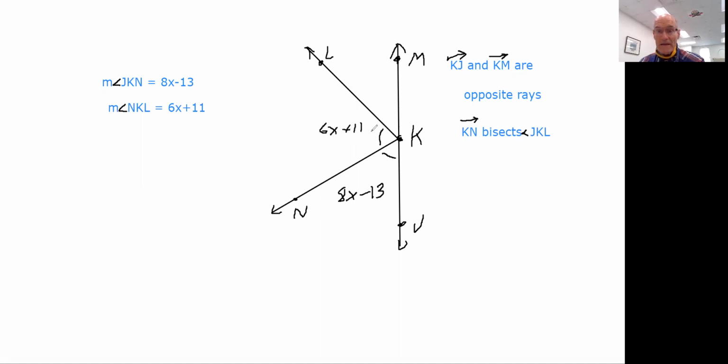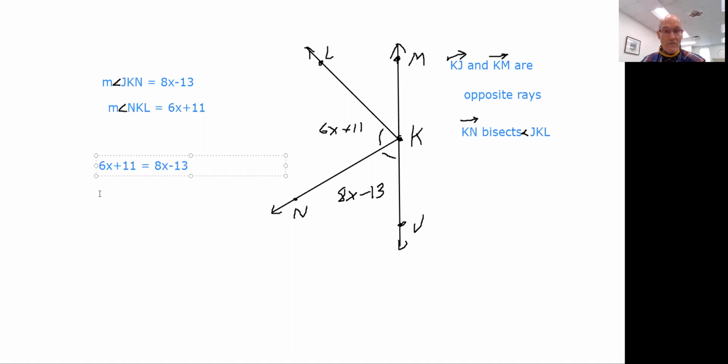Now, the fact that KN bisects means that these two angles are the same. So our equation now becomes 6x plus 11 equals 8x minus 13.